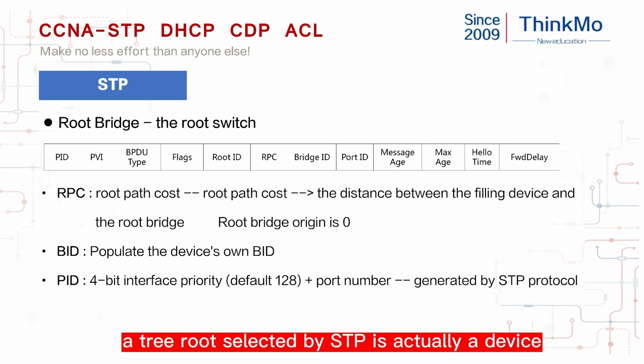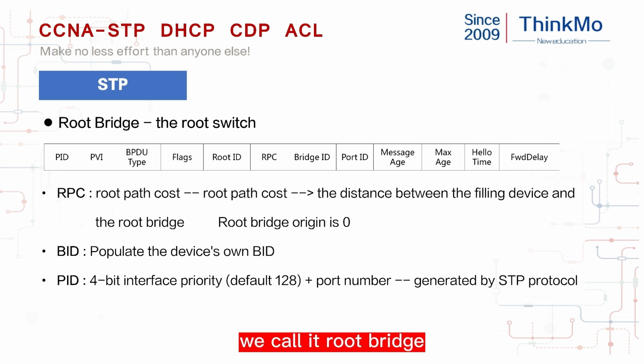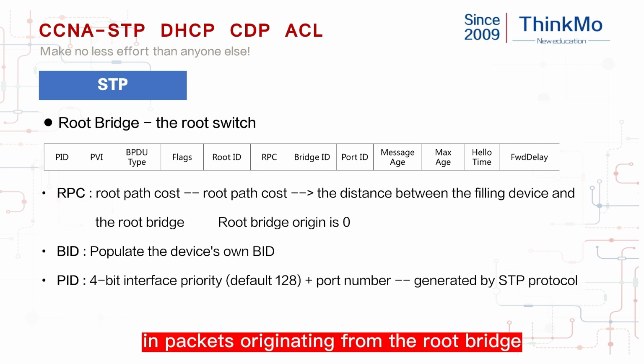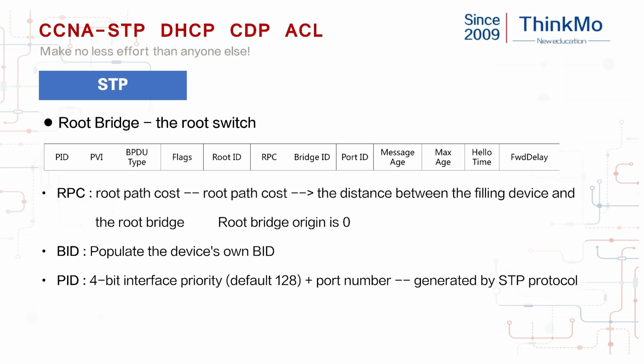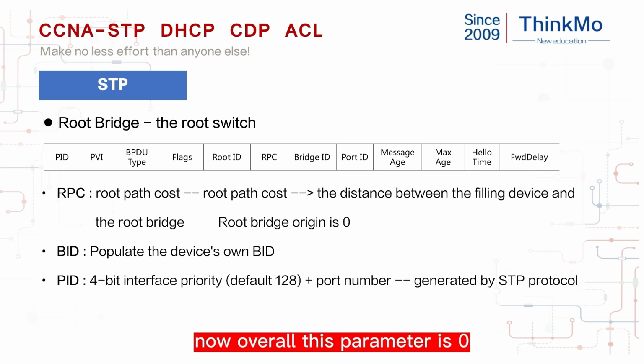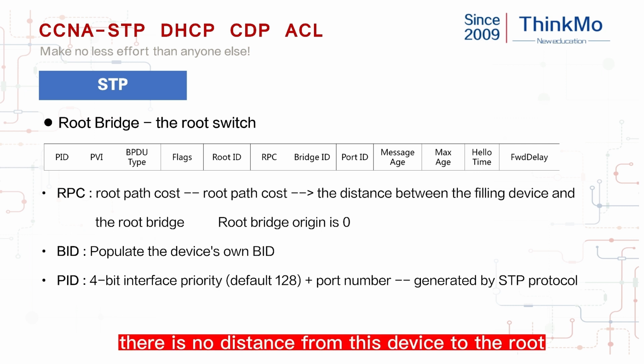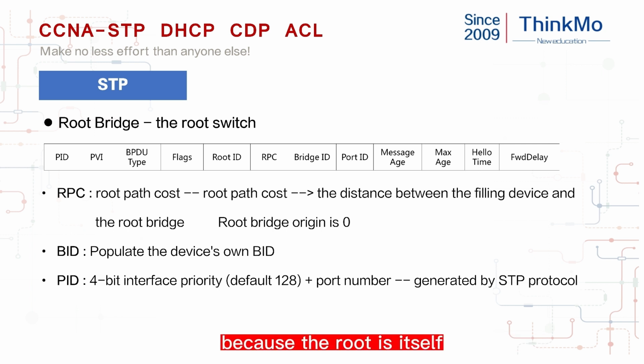A tree root selected by STP is actually a device. We call it the root bridge, also called the root switch. In packets originating from the root bridge, there is no distance between the root bridge and itself, so overall this parameter is 0, because the root is itself.